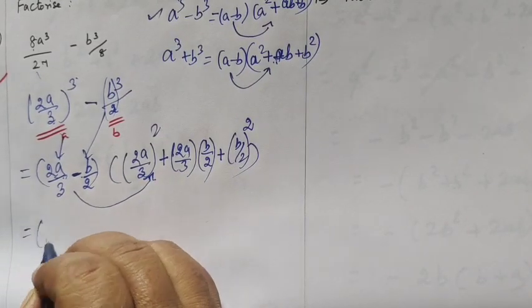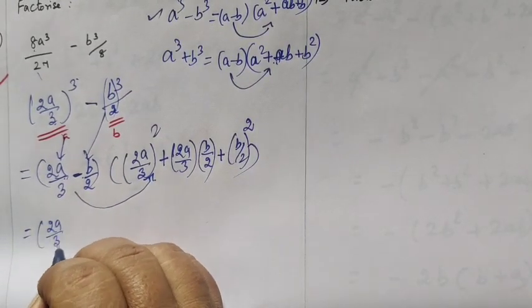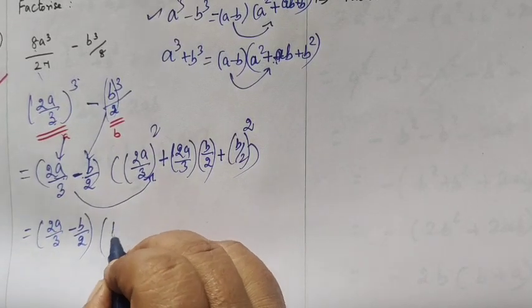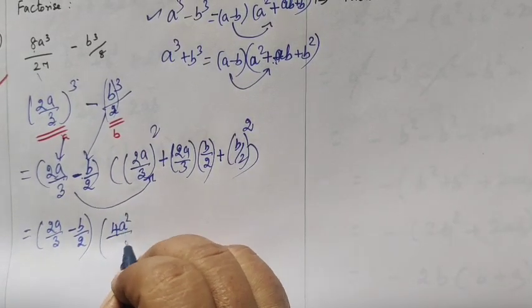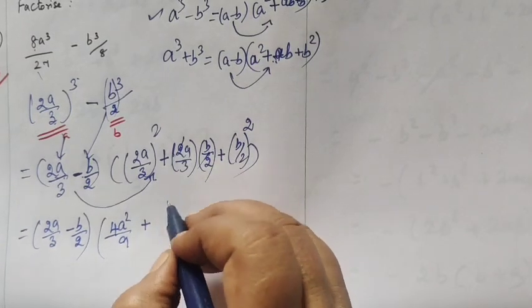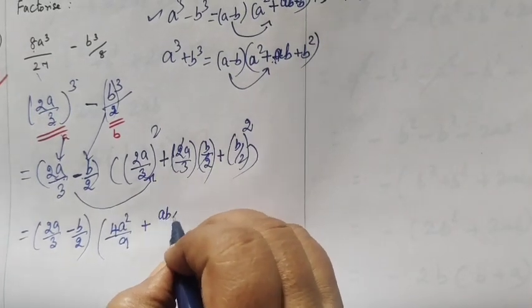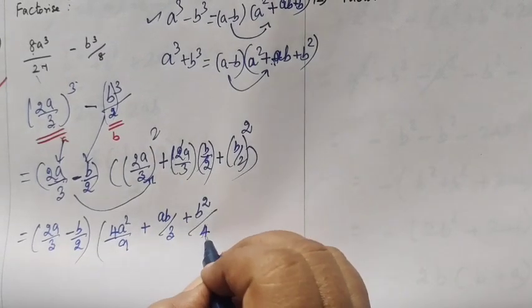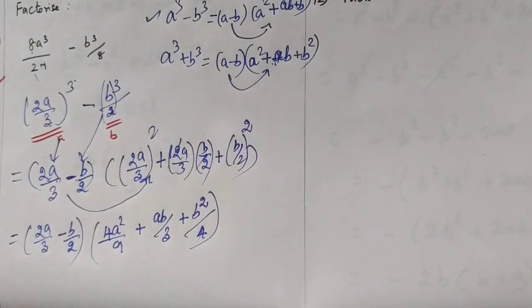So equal to 2a by 3 minus b by 2, then 4a squared by 9 plus ab by 3, the 2 cancels, plus b squared by 4.